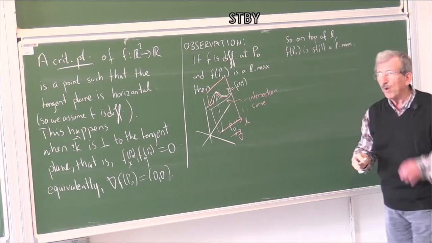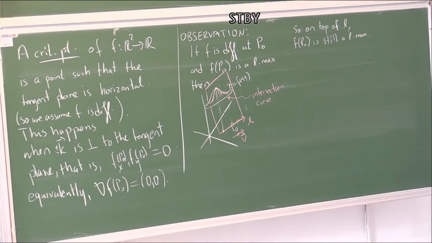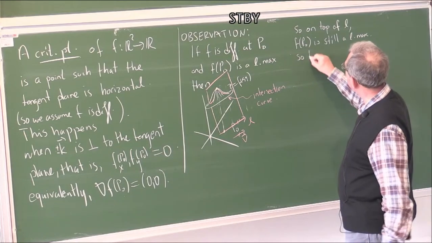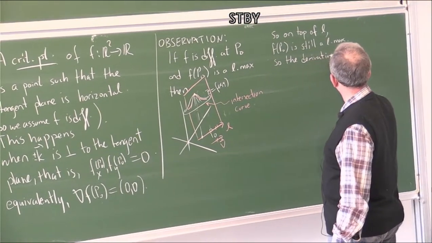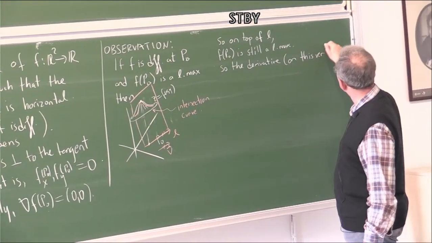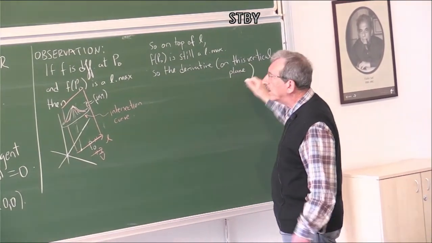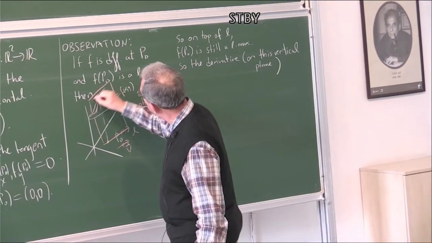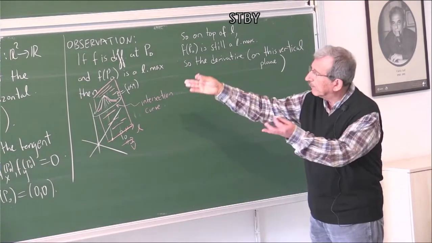Well, from one variable calculus, we know that at such points, the derivative must be 0. So the derivative on this vertical plane, we are not in space anymore, we passed to a plane, and we have a curve in the plane.